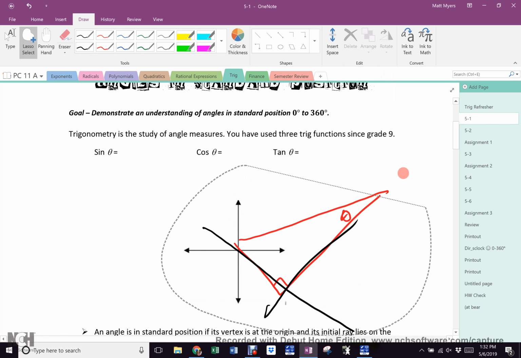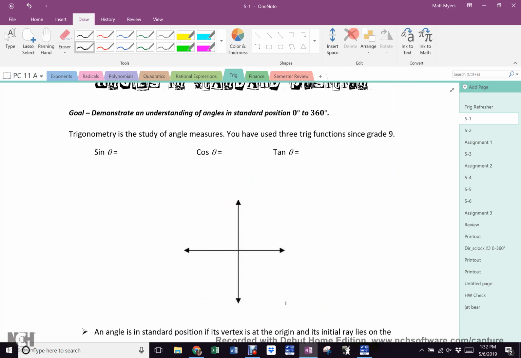Okay. Now, we are going to discuss the entirety of the degrees available to us, which is what number? 360. But hopefully with your eyes you can see that each of these corners makes a 90 degree.